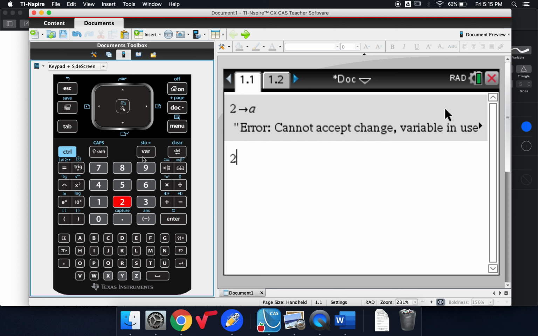Okay, I'm going to take 2 and store it as V. All right, so now I'm going to put in my equation for the radius, which was the cube root of 3 times the volume over 4 times pi.